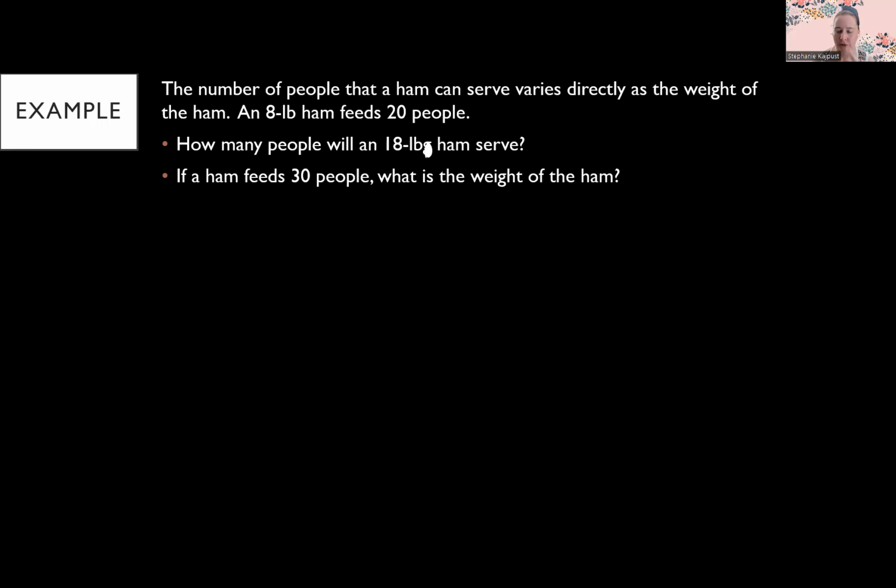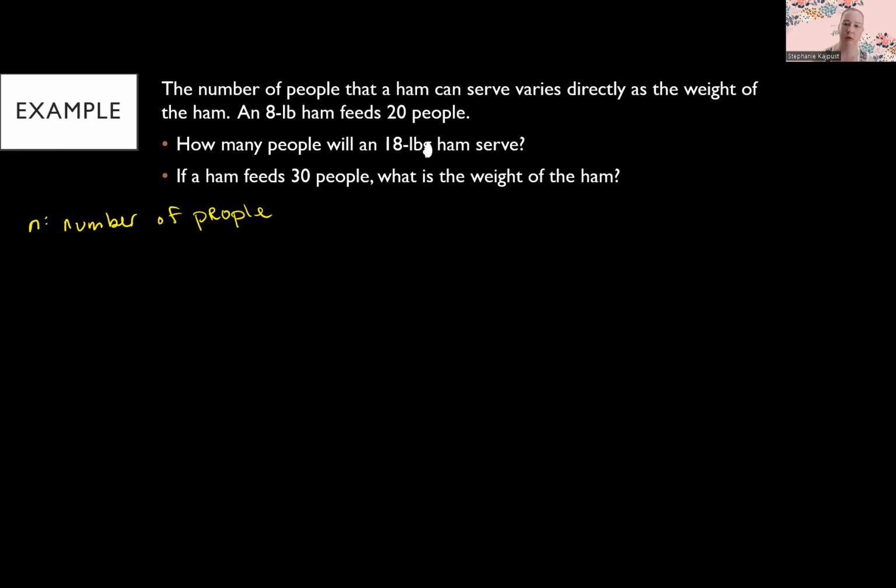So first step is to write the model, and we're not given variables in this case, so we need to determine the variables ourselves. So we've got the number of people that a ham can serve before the word varies. So one of our unknowns is number of people. Usually for number of people, I will use n. So I'm going to just say n is number of people. And then it says varies directly as the weight of the ham.